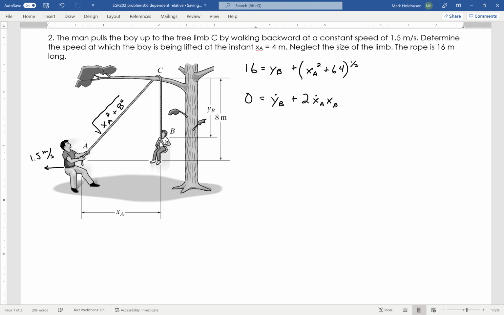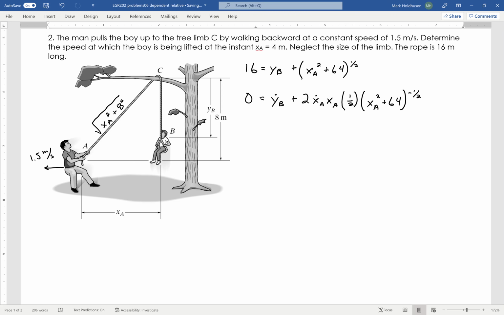That's the derivative of the inside. Then I take that times the derivative of the outside. I bring down the 1/2, and then I take x squared plus 64, which goes to the negative 1/2. That is the time derivative of the length of that cable.